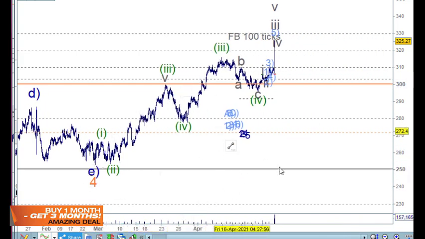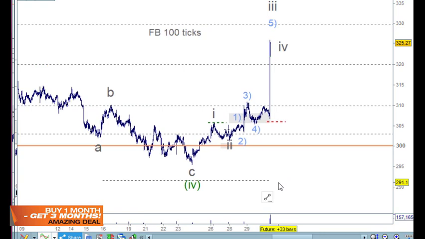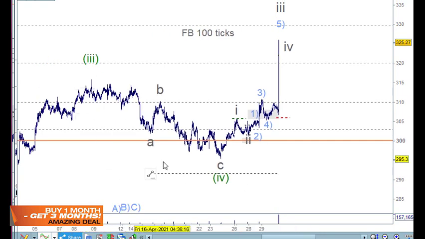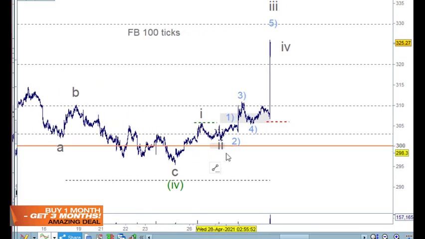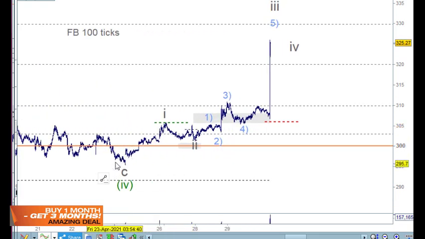I've been counting it up a couple of different ways, not that it matters. We moved down here, we counted down as an ABC pattern here, and then we counted 5 waves up here. So in this 5 little waves here, we looked at going long above here. We could have also gone long above here, as I pointed out. So today I've just moved the stop up under here.